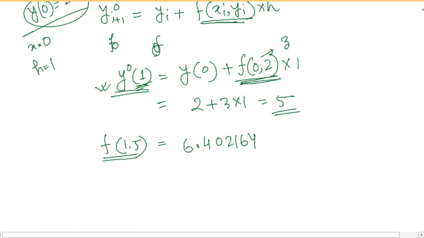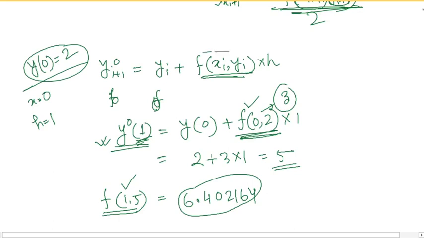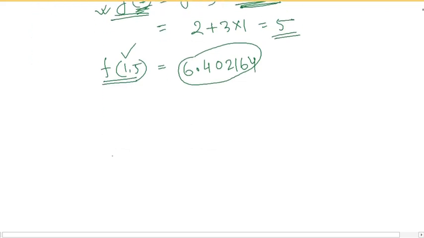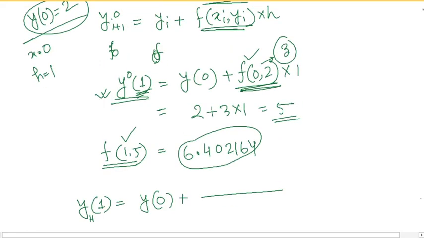This is the next prediction. This was the initial prediction. Now I will be taking the average of these two, this one and this one, and use this average value as the incremental function. So that will give you the Heun's method prediction for the next step. That's why I'm writing here y1 by Heun's method will be equal to y0 plus the average of these two, the slope at the first point and at the last point.